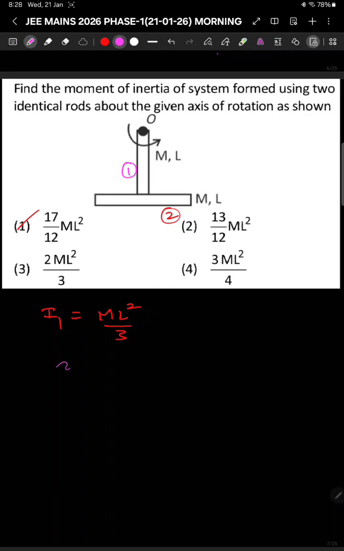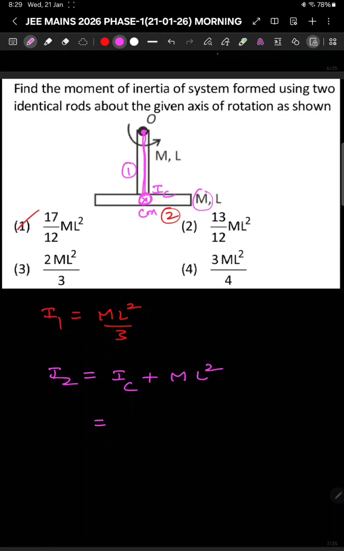The moment of inertia for the second rod, I2: you can see for the second rod, this is the center of mass, and this will be called IC. Now I want the moment of inertia about this point. So by the parallel axis theorem, I equals IC plus m, the mass of this rod, into distance square, here to here the distance is L square.